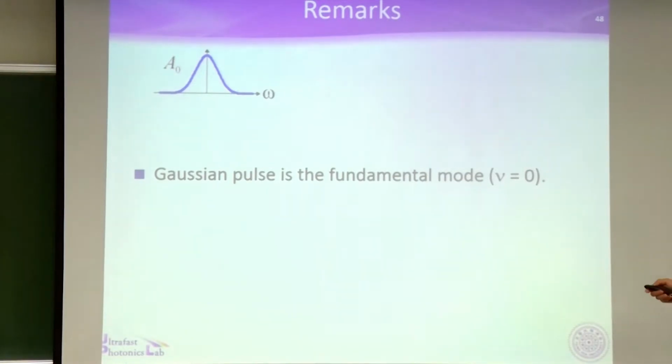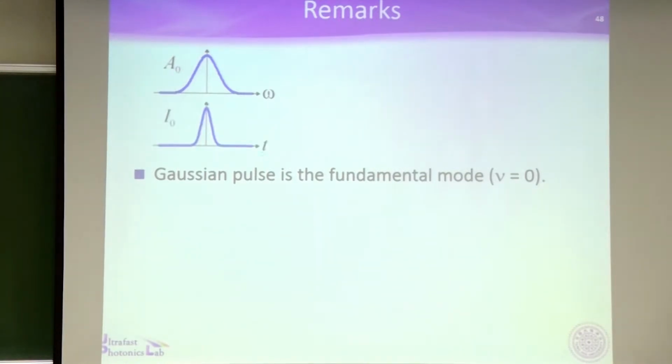So some remarks. What we have obtained in the first approach, the Gaussian pulse approach, is actually a special case, the fundamental mode only. So in frequency domain, you have a Gaussian spectrum because the Hermite polynomial is a constant. Zeroth order is constant. Okay?